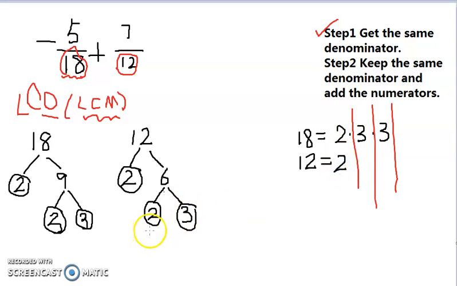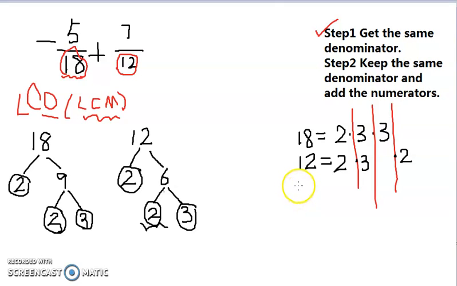The second number, 2, we don't have a column for anymore, so we're going to create a new column on the right. And the next number is 3. We already have a column for 3, so don't create another column. You can put the 3 right there.